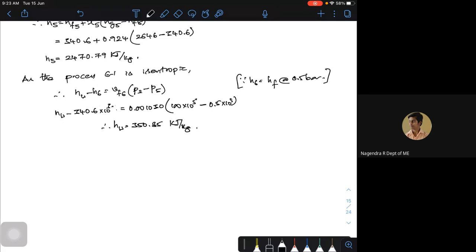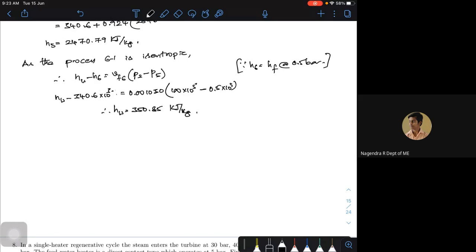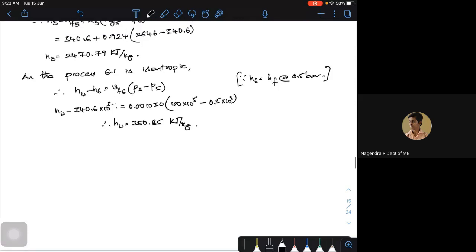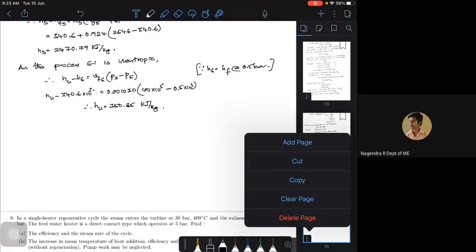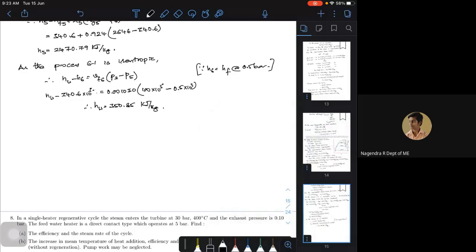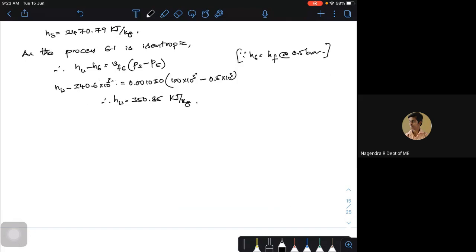Now I got all the things: all the enthalpies, H1, H2, H3, H4, H5, and H6 also. Now what we need to do is find the net work done. W net is equal to the turbine work in the HP stage plus the turbine work in the LP stage, that is the low pressure turbine, minus the pump work.